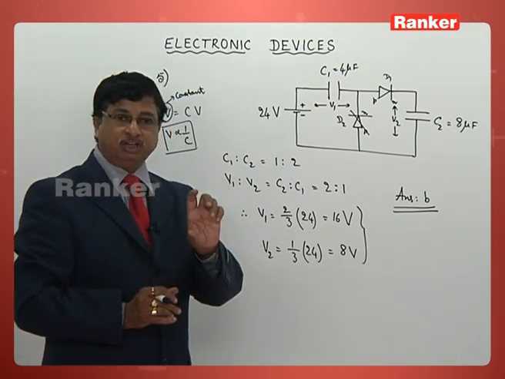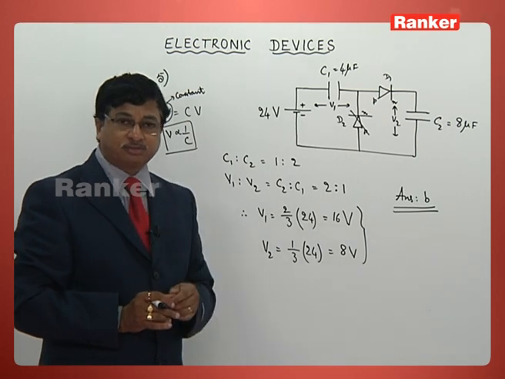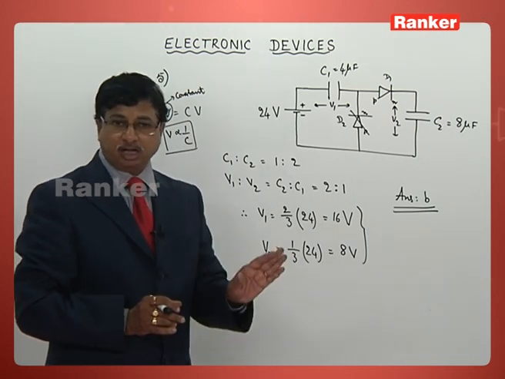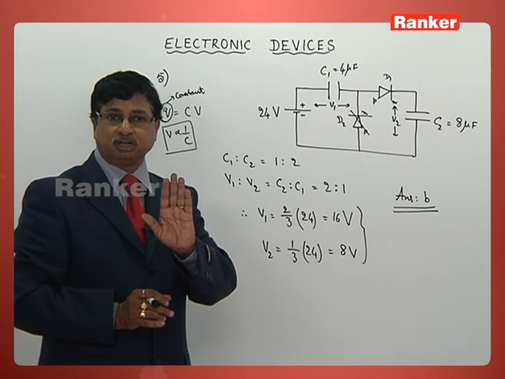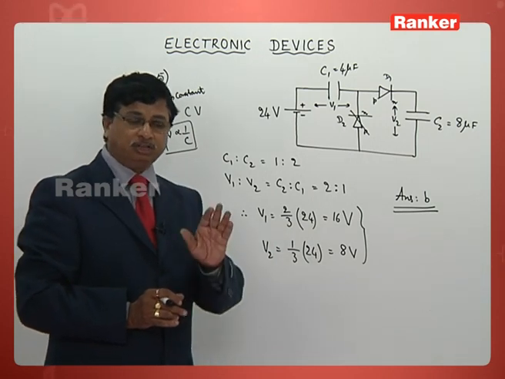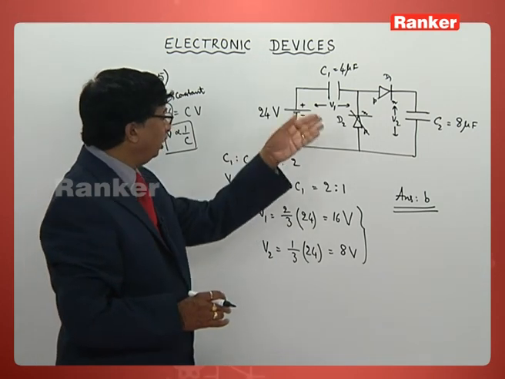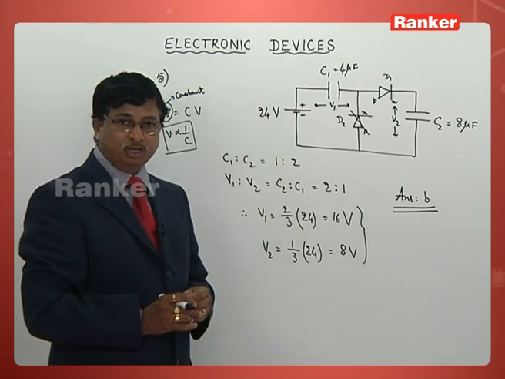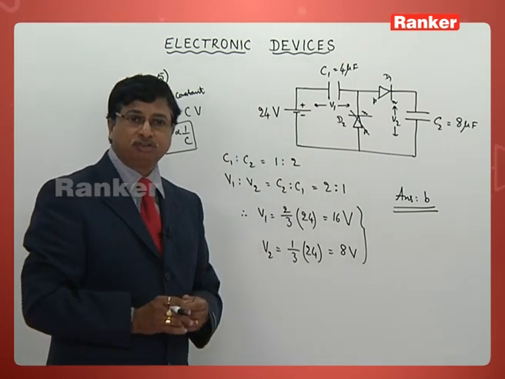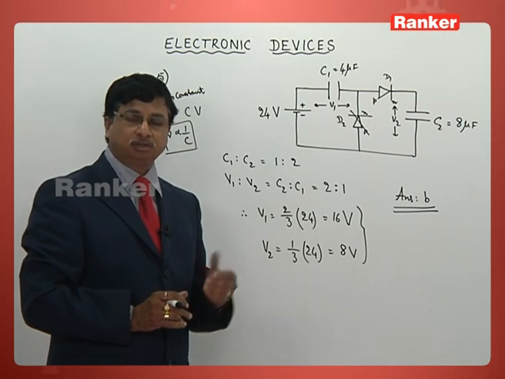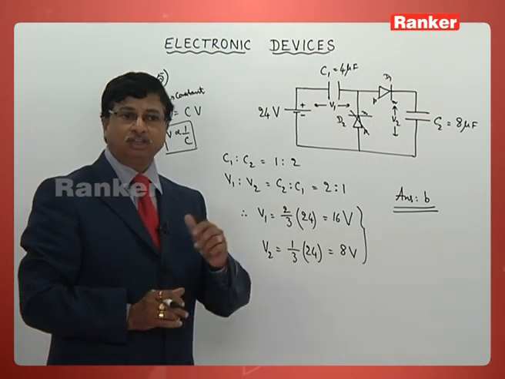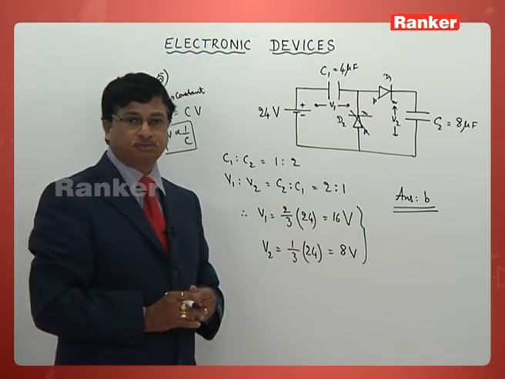The one which is reverse biased does not carry any current. No current will be observed across its junction. That is a waste. Eliminate that, and according to the remaining circuit, you decide the correct answer. That is the point to be noted, and this is problem number 5 for us.